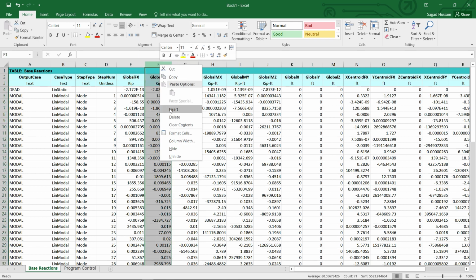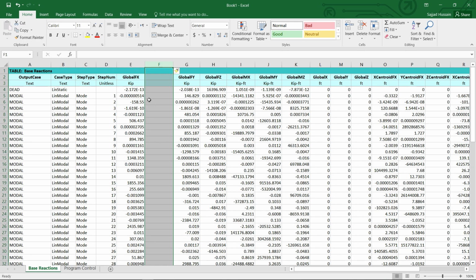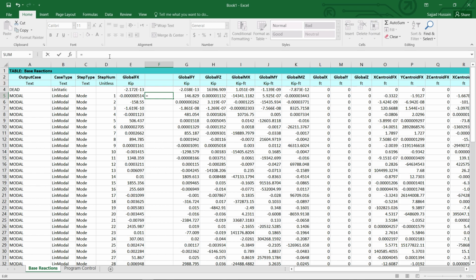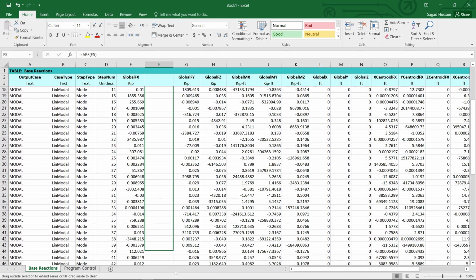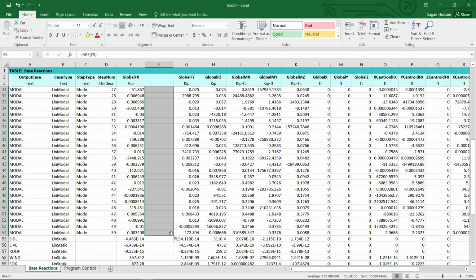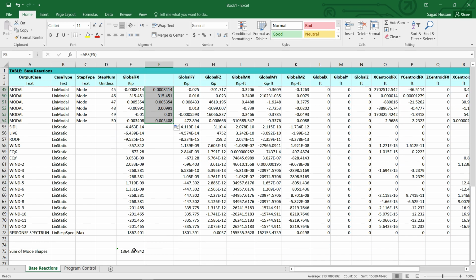Let us insert one column. So I can say this is equals to ABS of all these. Same formula.